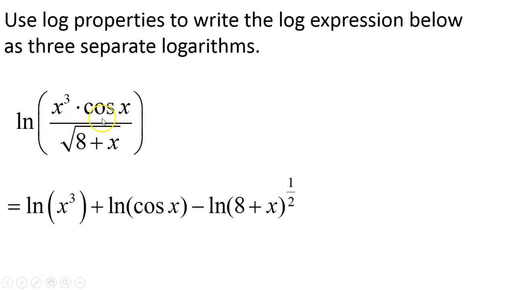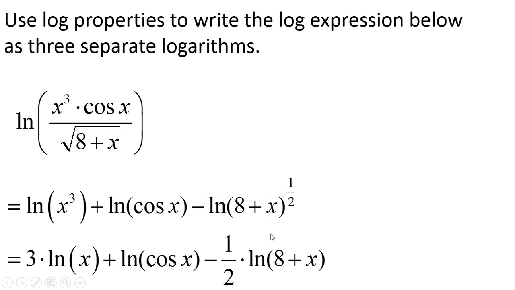Here I divide, which is the same as when you subtract powers. I took the liberty of taking the square root of 8 plus x and writing it as the 1/2 power. Lastly, you can use our third property, in which you have a power raised to a power. Likewise here, the power is raised to the power, and you just multiply the powers.